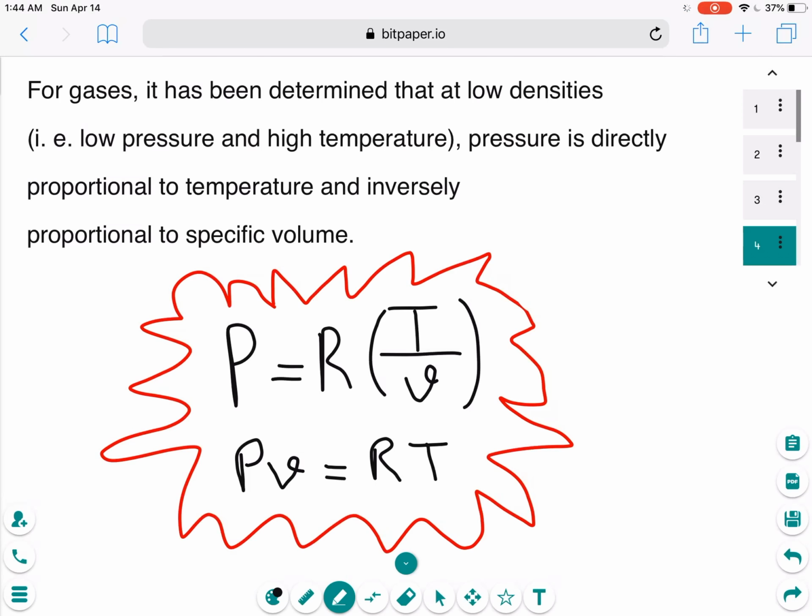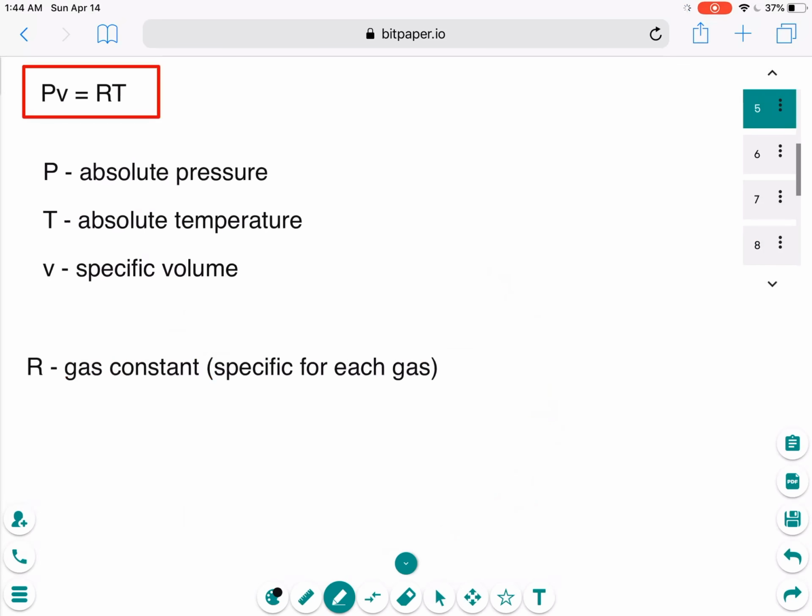So under these circumstances, low pressure and high temperature, we can use the ideal gas equation of state.